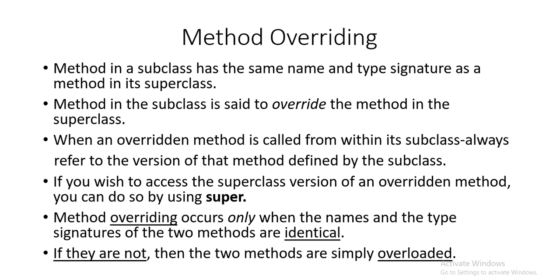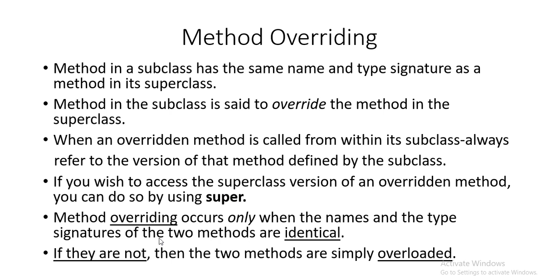One more use of super is to access the superclass version of an overridden method. You can call a superclass method by using super.show. For example, show is a parent class method and you want to call it within a child class; by using super.show, you can call the parent class method. These are the two uses of super.